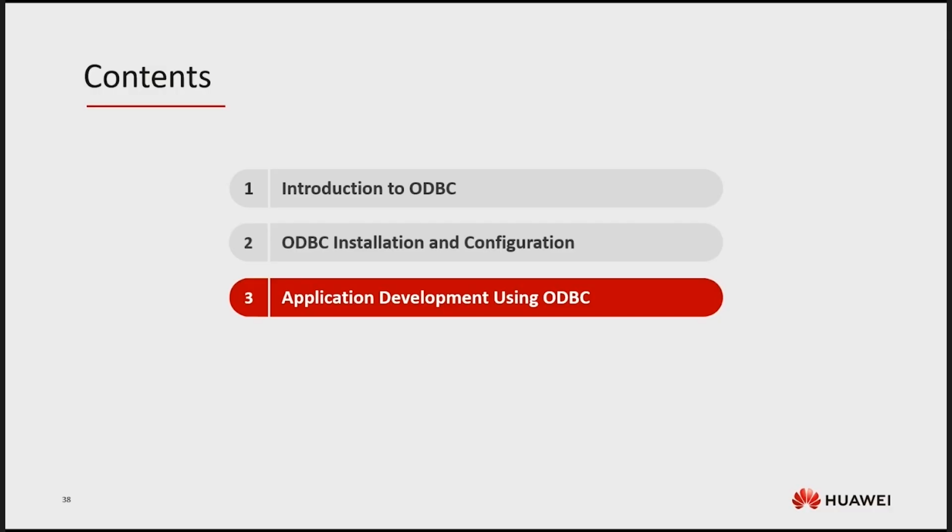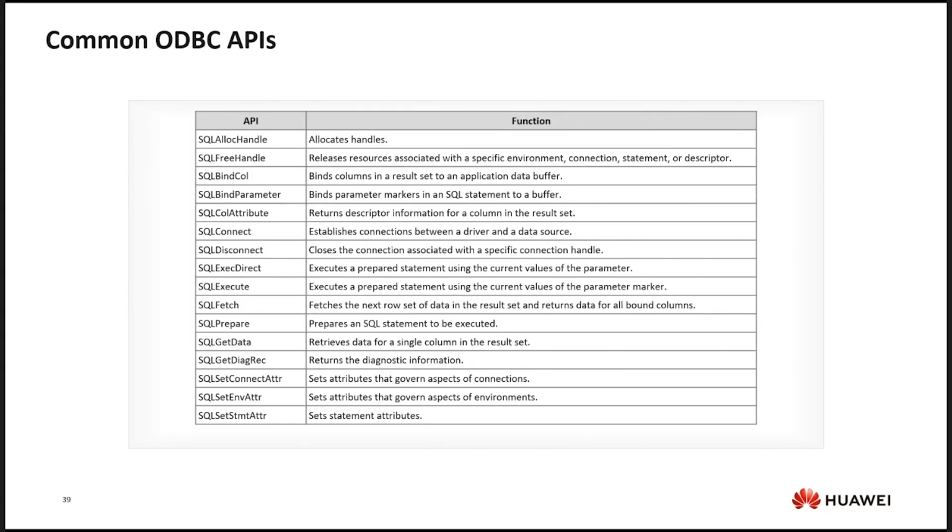And let me give you an example of how to use ODBC to develop an application. Here is the ODBC API. It's almost like JDBC. You get your connection, you prepare, you execute, you fetch.